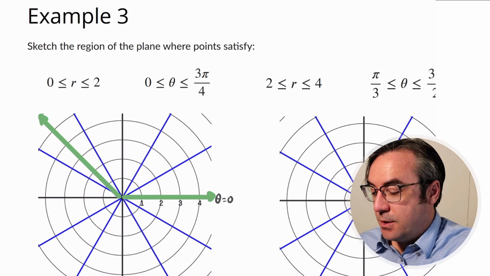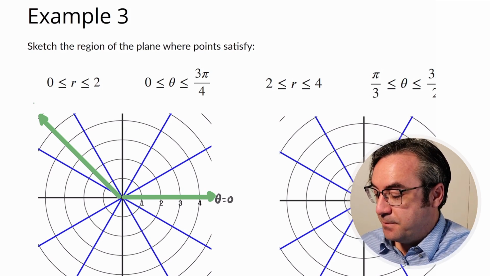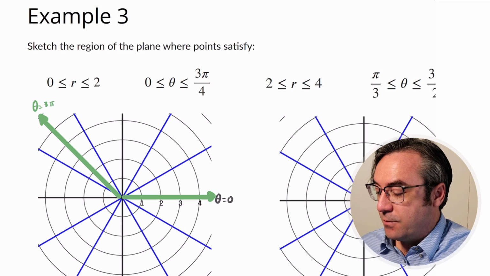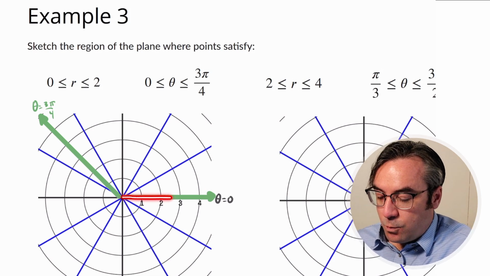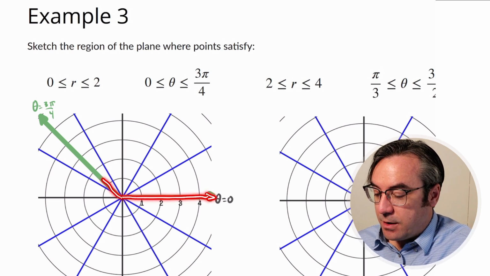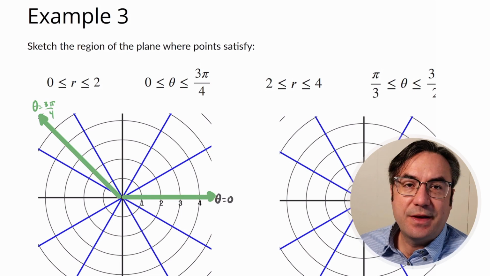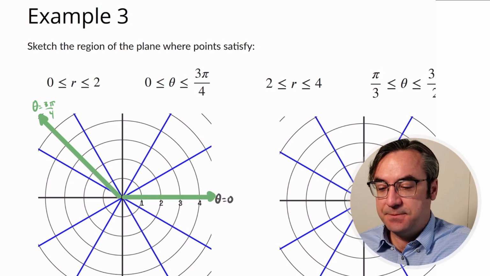So we've got theta equal to 3 pi over 4 here, and we know where our region is going to start and end. We've got the two edges.